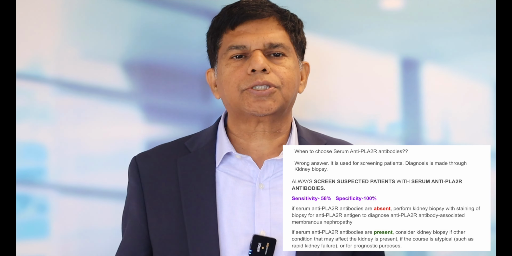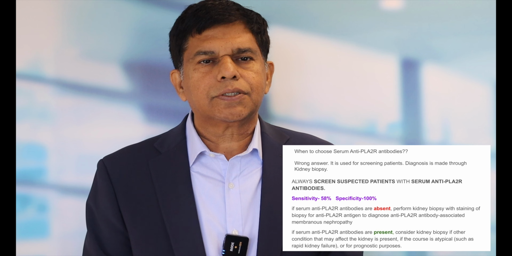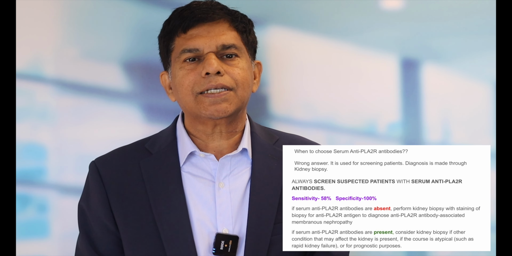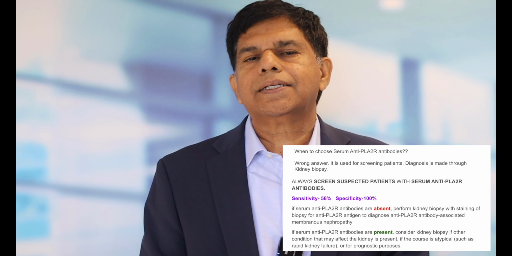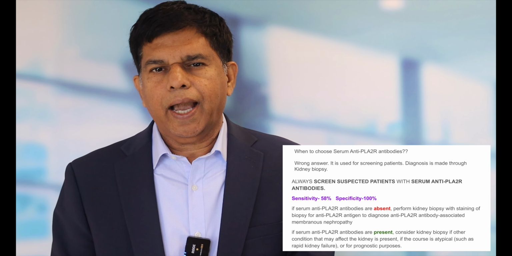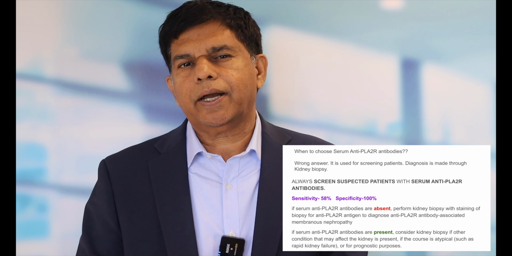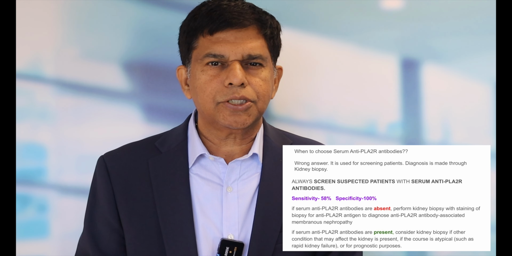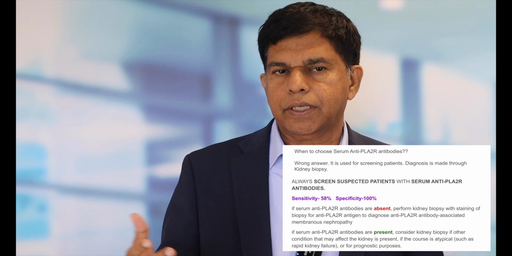Before any test, I always tell everyone, look at the sensitivity and specificity. Sensitivity is 58% and specificity is about 100%. Okay, so what does that mean? If the serum anti-PLA2R antibody is absent, you still need to do a kidney biopsy with staining of the biopsy for the anti-PLA2R antigen to diagnose anti-PLA2R antibody associated membranous nephropathy.